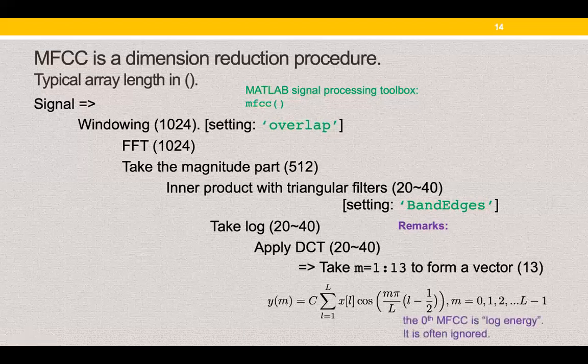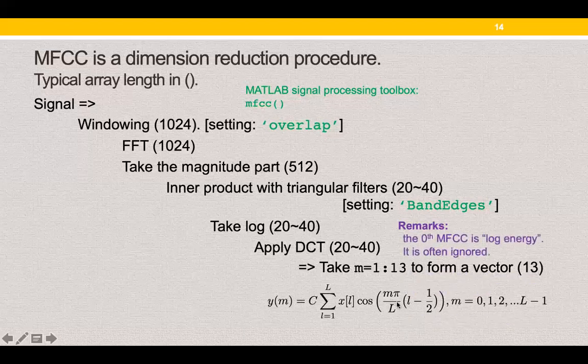Let me also mention one further remark. When I said the Mel coefficient, I said m from 1 to 13. But how about m equals 0? The zeroth MFCC is actually called the log energy.